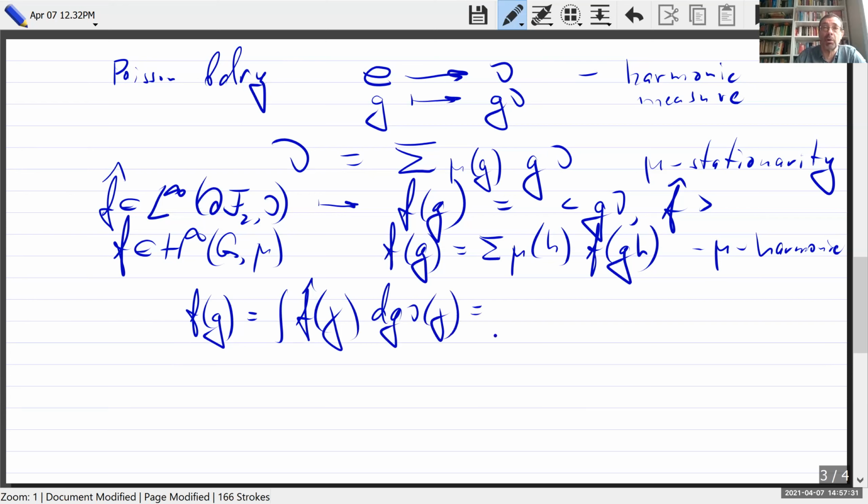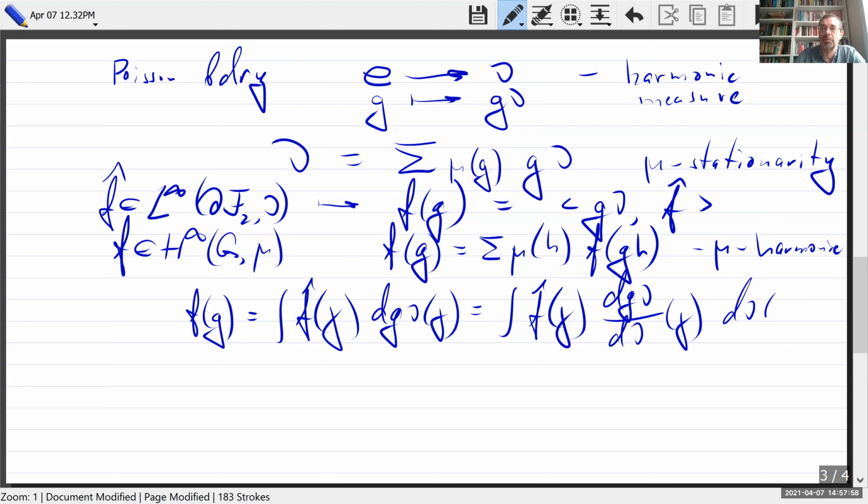Or if I want to always integrate just with respect to the same harmonic measure, I have to take into account the arising Radon-Nikodym derivatives. So what I have to do is multiply the boundary values by the Radon-Nikodym derivatives. And then all this I have to integrate with the harmonic measure corresponding to the identity of the group.